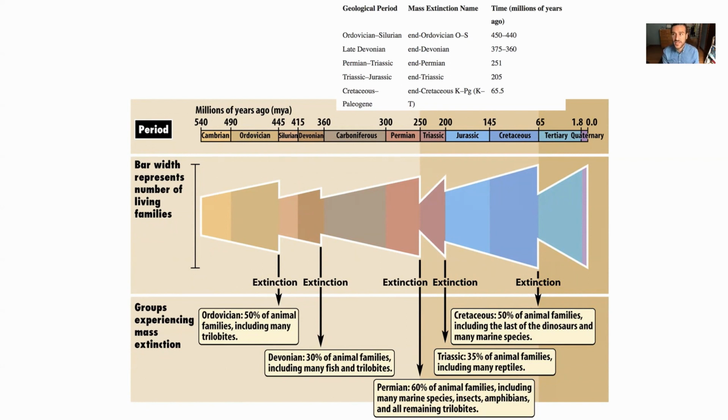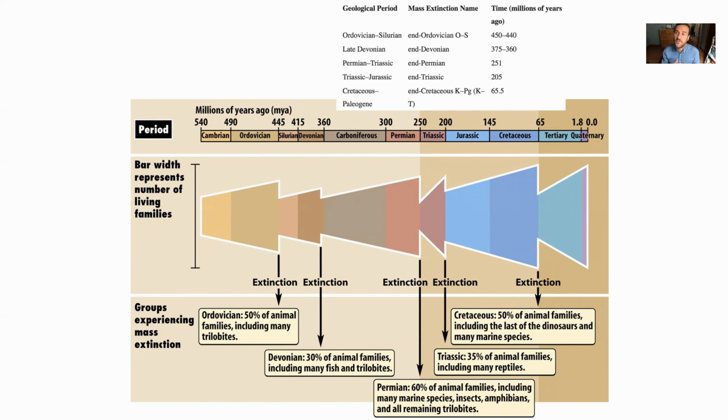One more thing I want us to understand about these extinction events, because this is what we're going to be talking about in Unit 2, is that the first true extinction event happened in the Ordovician-Silurian. So not even 500 million years ago. Around 450 million years ago, we had this first extinction event. Now, how old is the planet?